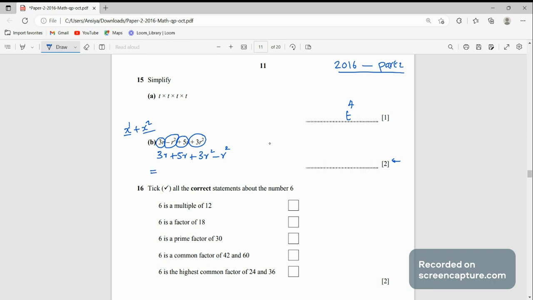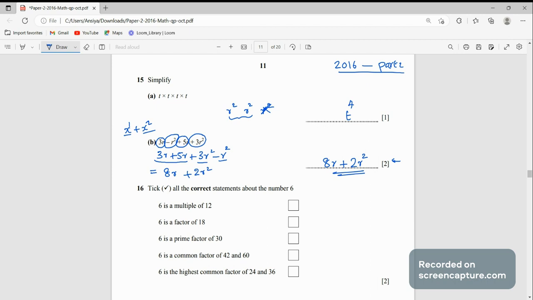Now 3r plus 5r, total 8r. Now from 3r square, suppose you have 3r square, from that you minus r square. How many are remaining? 2. Or simply think 3 minus 1 is 2. So 2r square. So we can write the answer is 8r plus 2r square.